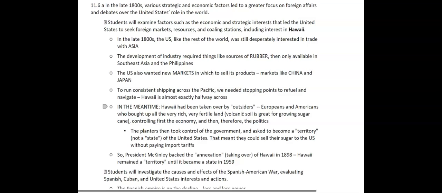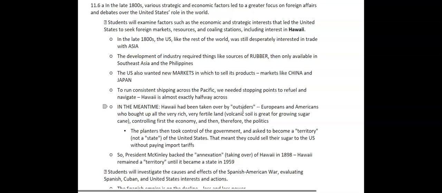That meant that they could sell their sugar to the U.S. without paying import tax. So President McKinley backed the annexation. To annex something simply means to add it to your country, to take it over. So in 1898, Hawaii became a territory and remained that until we truly make it a state in 1959.